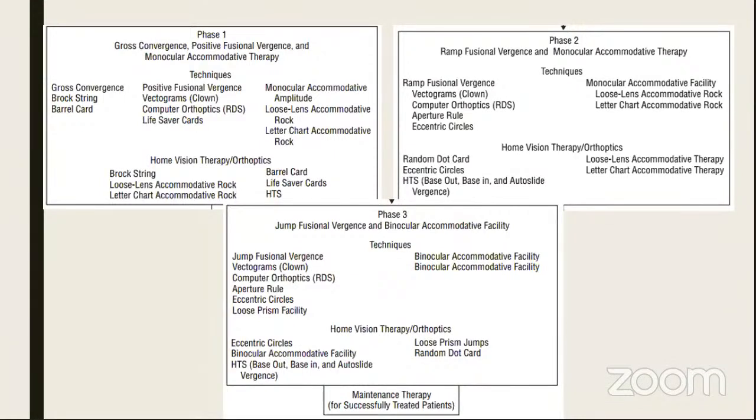Are there any cases in which we can think of minus? Yeah, especially in the case of divergence excess, it is advocated that minus added lenses would be helpful, but I'll not go with that.